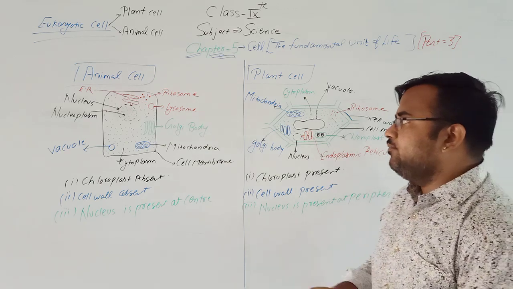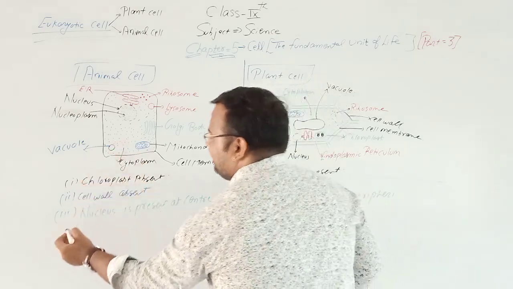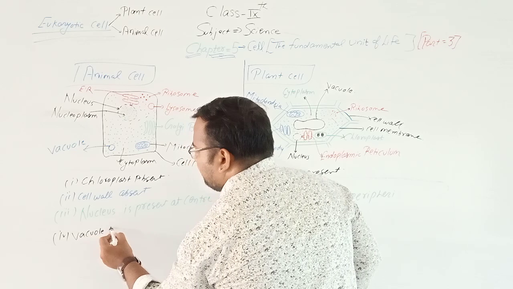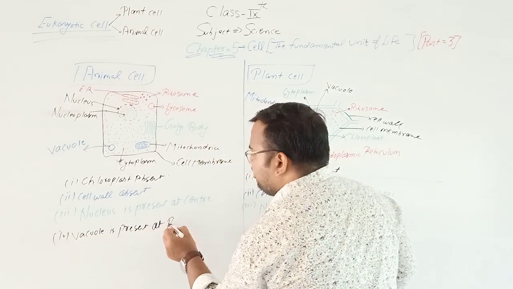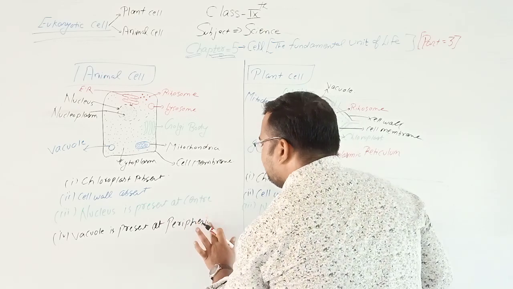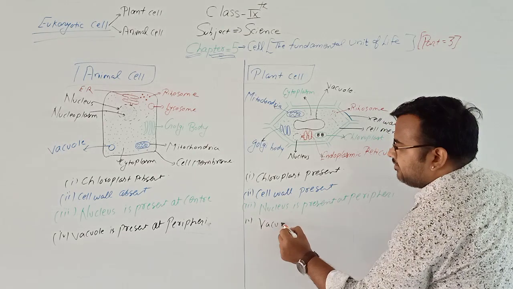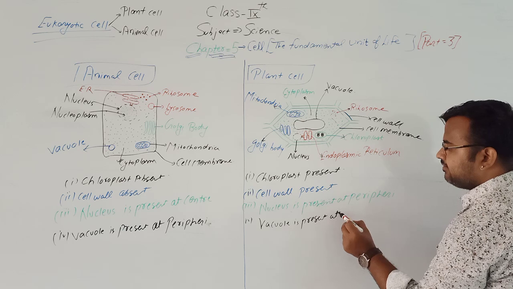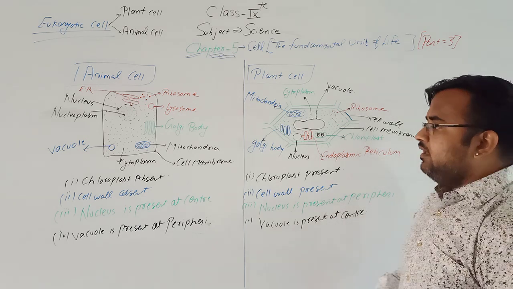Now here vacuole is present at periphery, so we can write vacuole is present at periphery. And here vacuole is present at center.